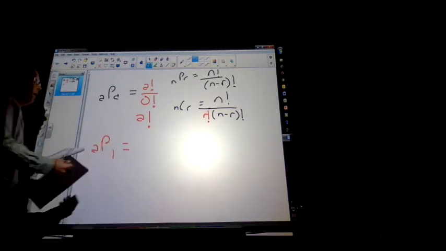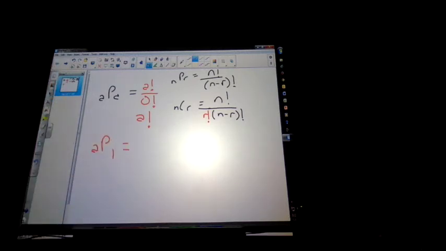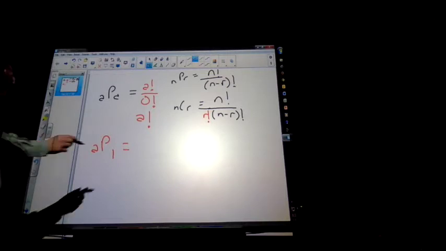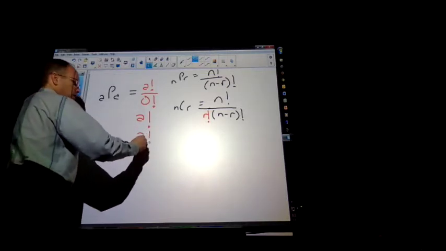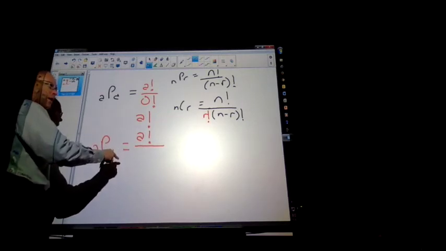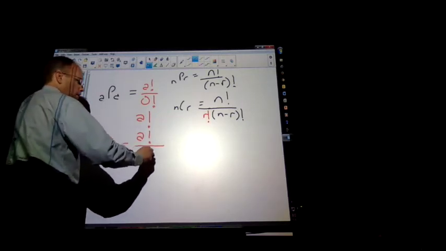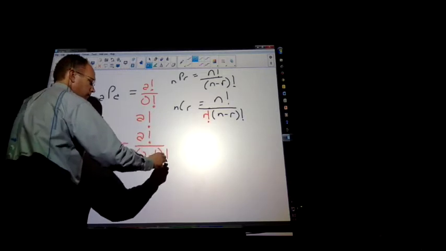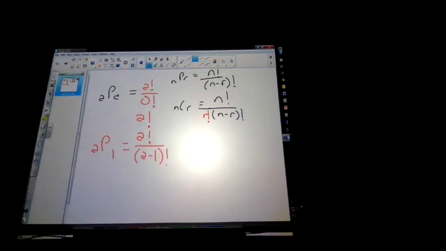Then I have aP1. What is aP1 going to be? I have a factorial over a minus 1 factorial. What do you think?